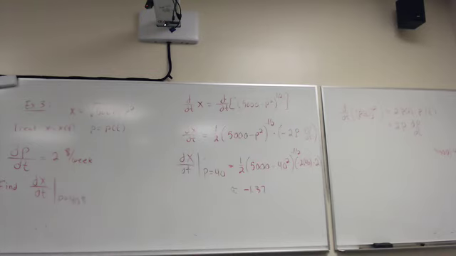To 2 decimal places, I get minus 1.37. Anybody else get the same thing? Yeah. You did, Nathan? You did, Ollie? Okay.